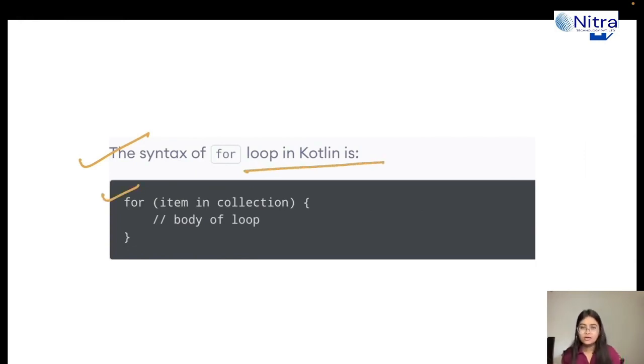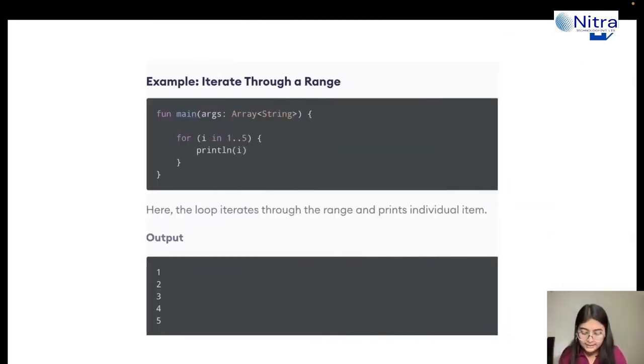For is a keyword. For some item in collection, this is the basic syntax for this statement. You have to execute these many lines of code. Let's see some examples and that will make it clear.